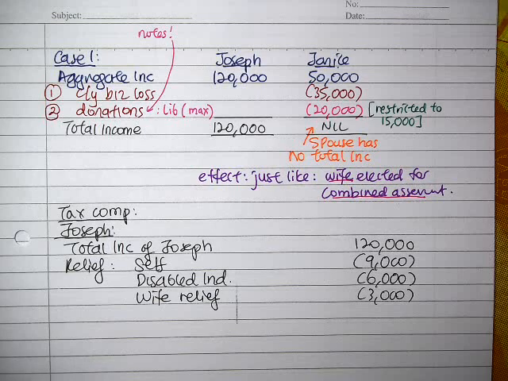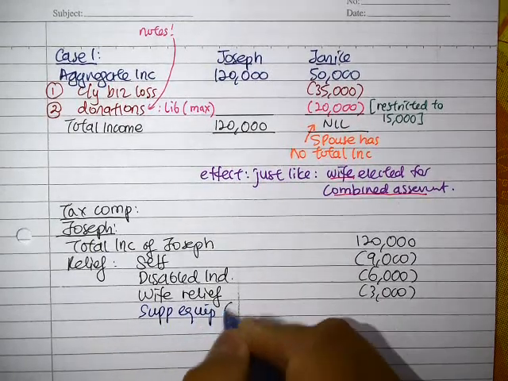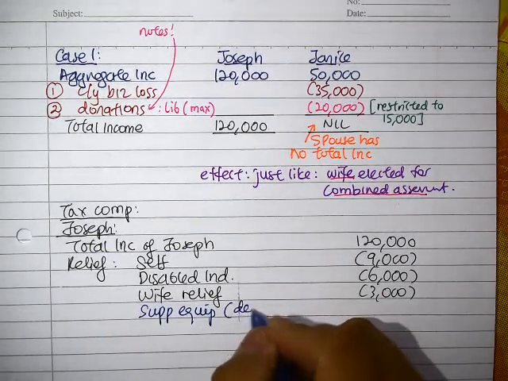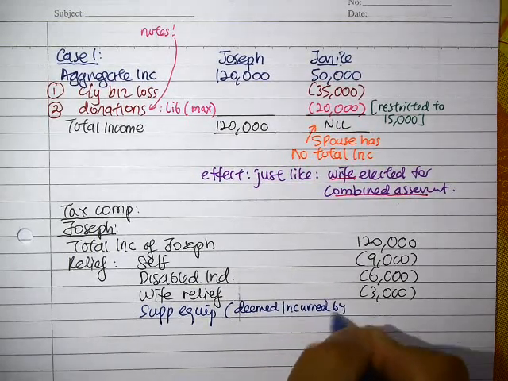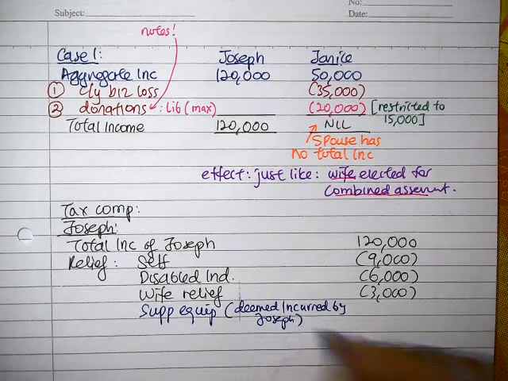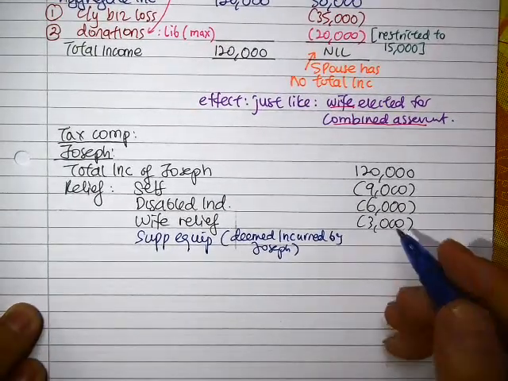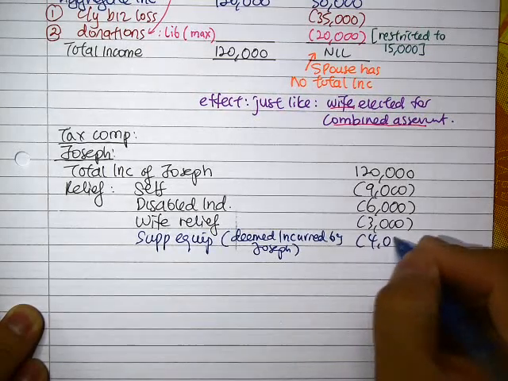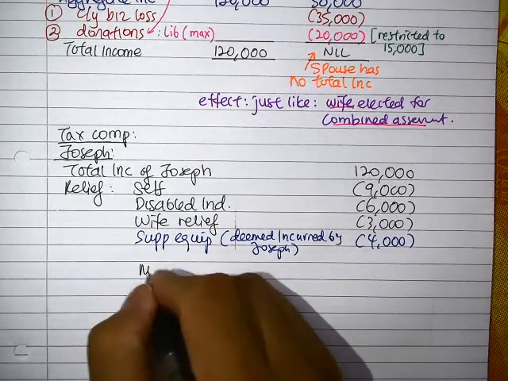Now besides all this, we have a couple of figures here which are eligible for relief, which include buying a wheelchair and medical expenses for parent. So this is to demonstrate to you that there are some expenses that you have to incur yourself, and there are some expenses incurred by the spouse but deemed incurred by the taxpayer when you're doing a combined assessment.